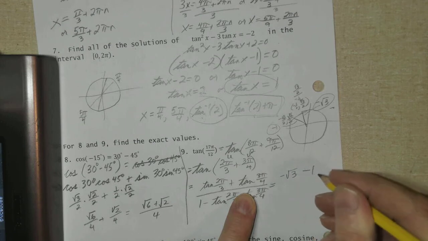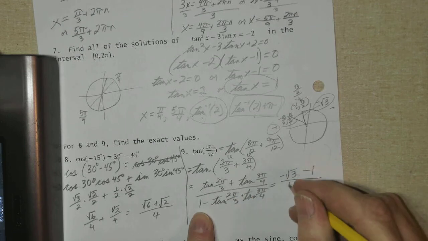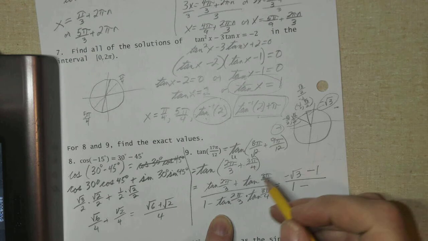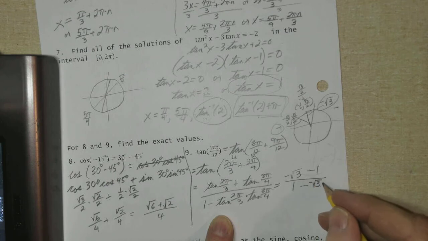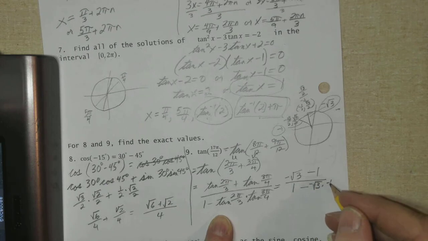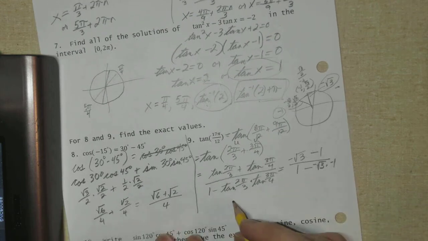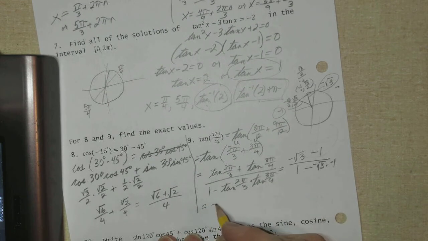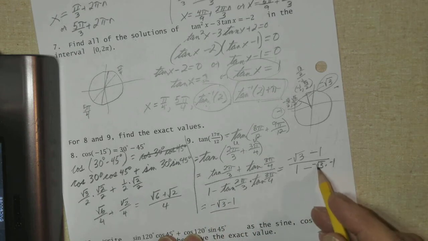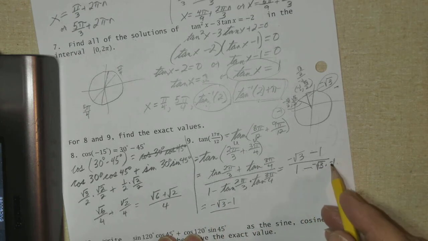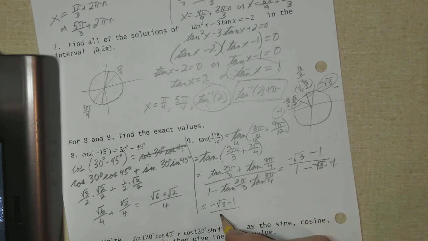Tangent of 3 pi over 4 is negative 1. This is 1 minus negative square root of 3, it's not a fraction, times negative 1. So I am looking at negative square root of 3 minus 1 over 1, and this is a positive when you multiply the negative and the negative. 1 minus square root of 3.